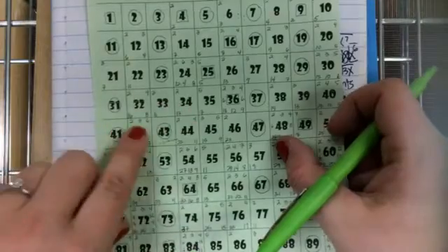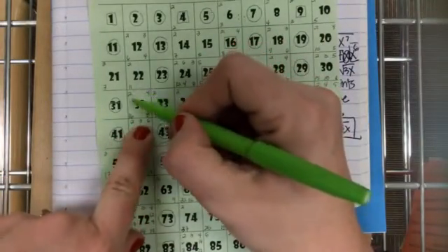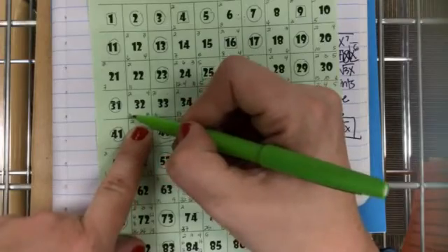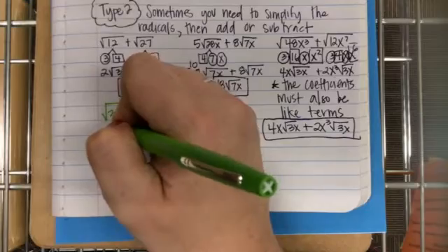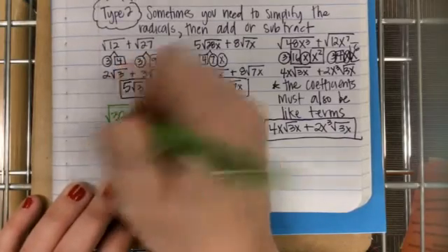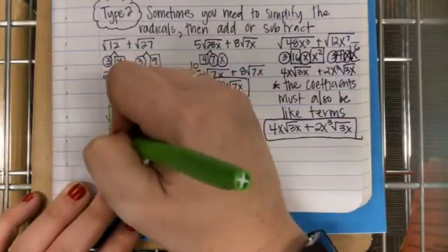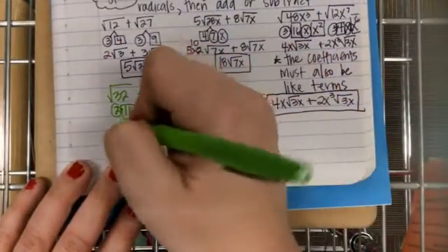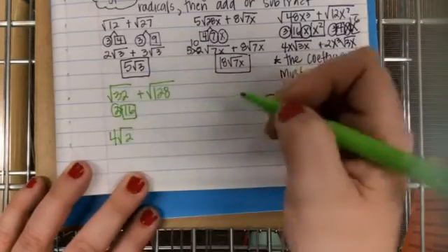So I go to 32. I could do 8 and 4 because 4 is perfect, but I want to do 2 and 16 because 16 is the bigger perfect square, right? So I'm going to do 2 times 16. Draw a box and circle it. So this guy right here is 4 radical 2.